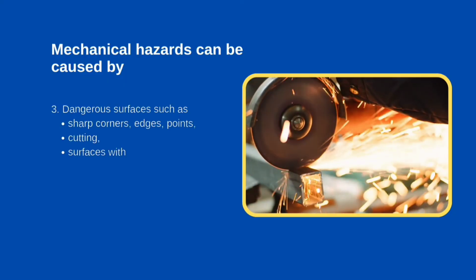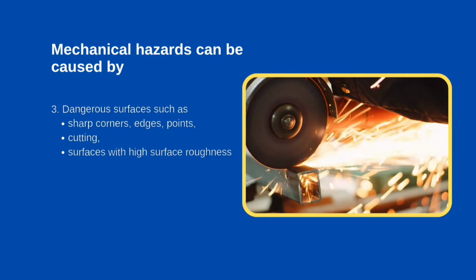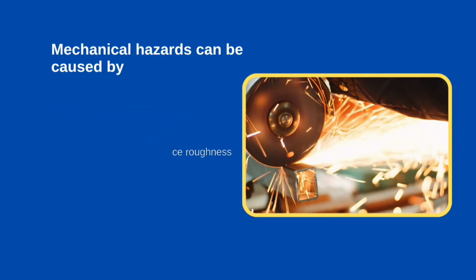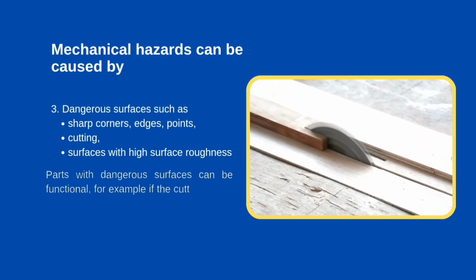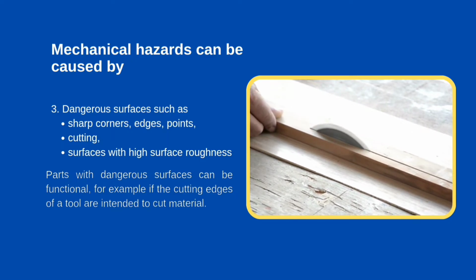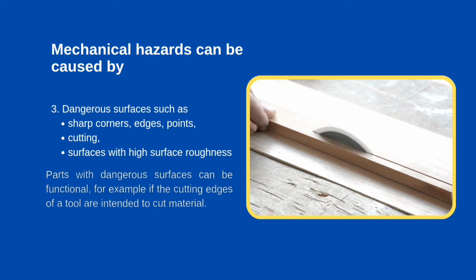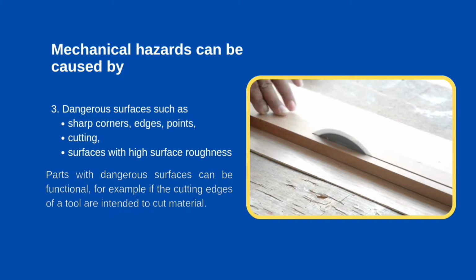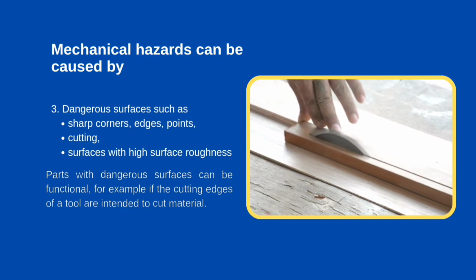Dangerous surfaces such as sharp corners, edges, points, surfaces with high surface roughness. Parts with dangerous surfaces can be functional, for example, if the cutting edges of a tool are intended to cut material. Dangerous surfaces can also occur without being necessary for a work process.